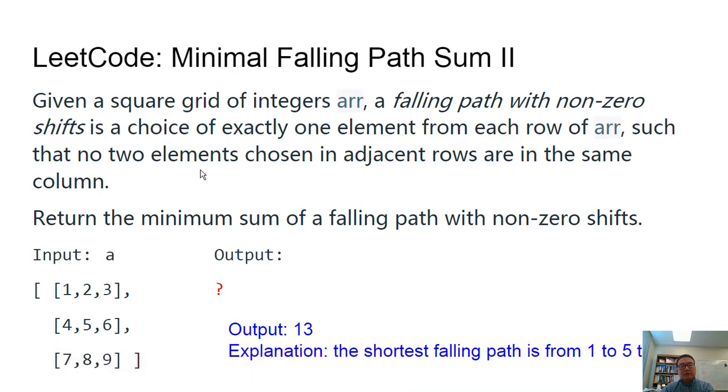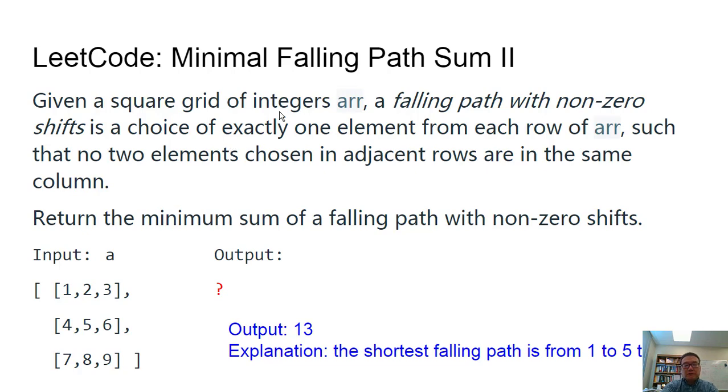That's not enough information for me to figure out the minimum sum for a falling path ending in the third row, because I would want to use 7 from the third row, but I cannot use the path ending at 4 if I want to use 7. If I want to use 7, then I need to find another path ending somewhere else on the second row.